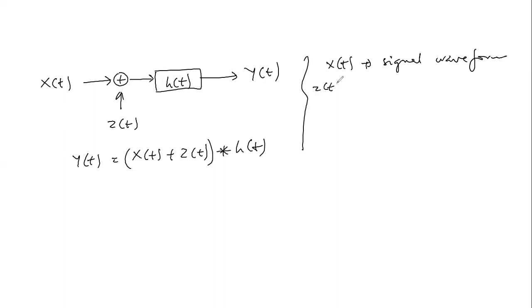Then Z of t is the waveform of the white Gaussian noise.